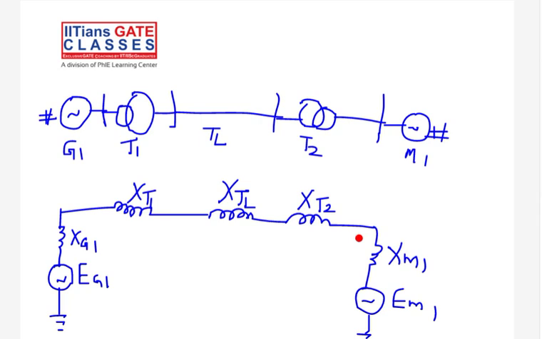So were you able to get this, or were there any confusions? I'm taking yes to mean you were able to draw this, and no to mean you were not able to draw this. Is that how it is?